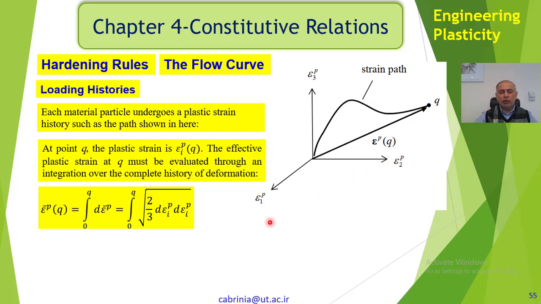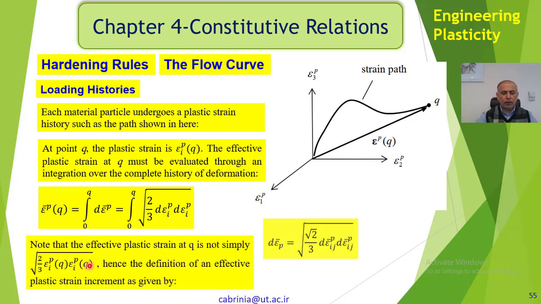So we have to write this equation to get the incremental strain and then do the integration from 0 to Q to get the total strain. Now, which path do we go through? This one or that one? That's important. So if we integrate this, we can get the strain.